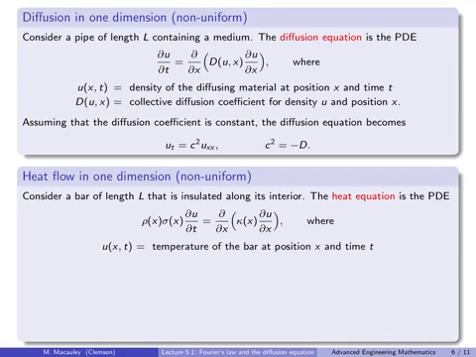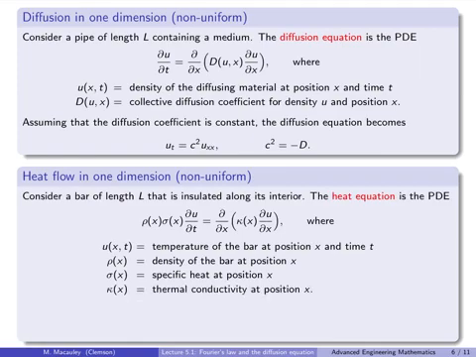And that's horribly messy, but let me just mention what these quantities are. So u is the temperature of the bar, of course, at position x and time t. Rho of x is the density of the bar at position x. Sigma of x is the specific heat at position x. And kappa of x is the thermal conductivity at position x.